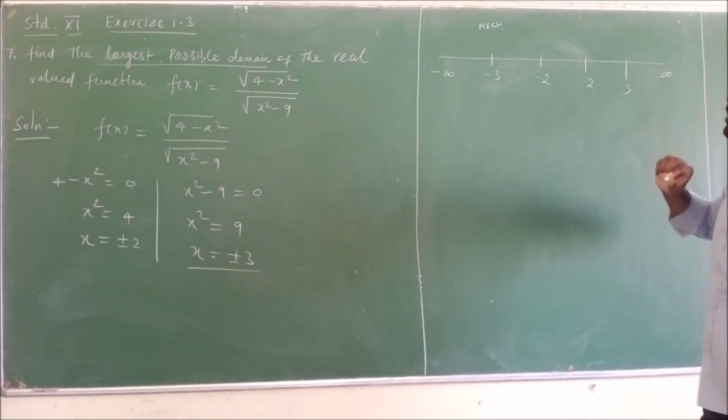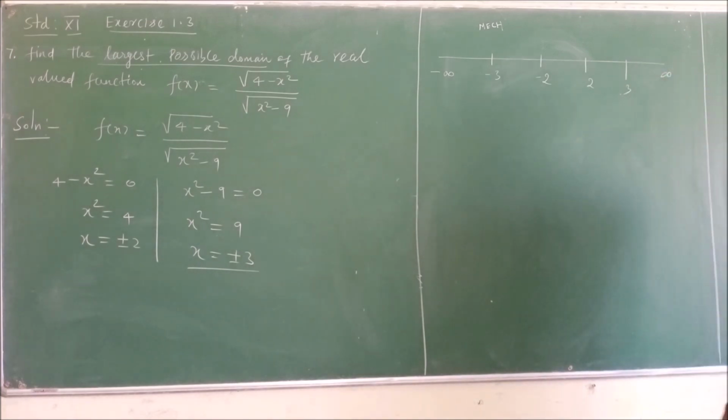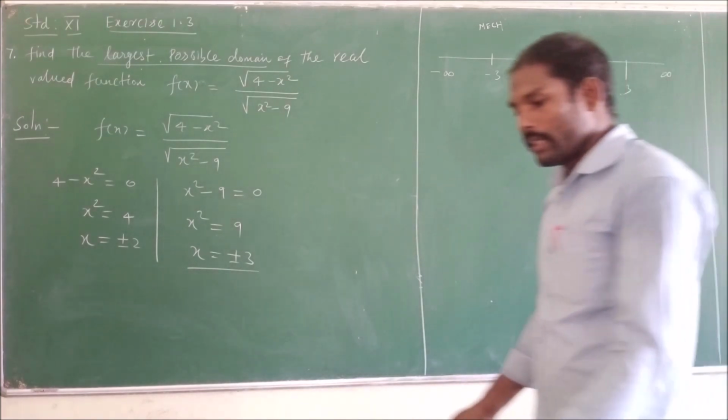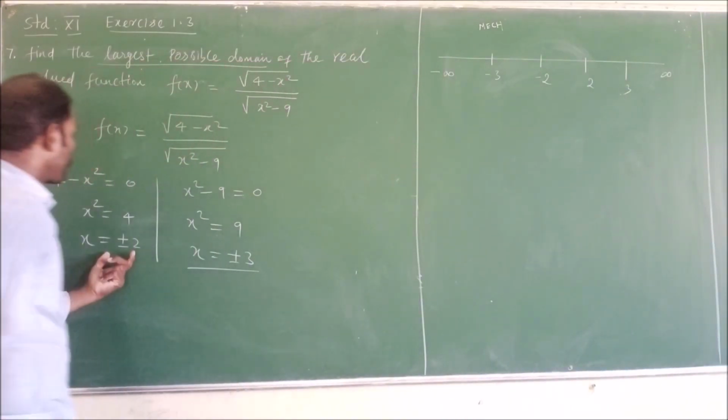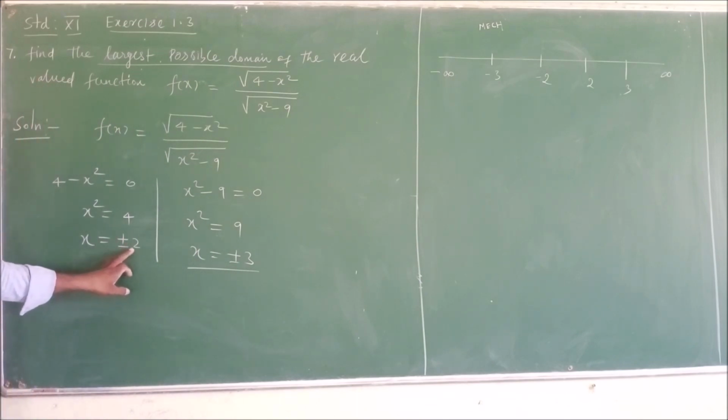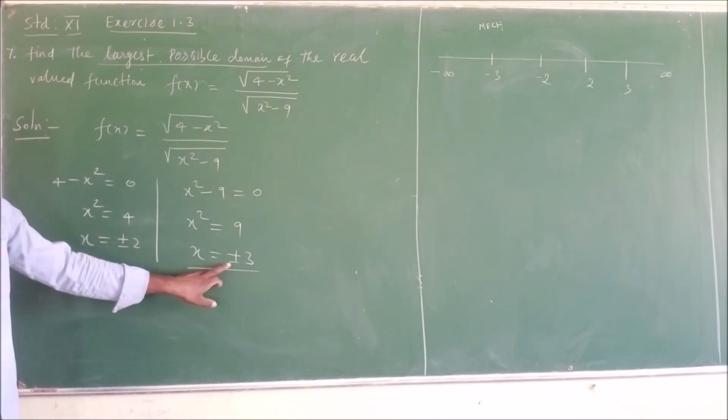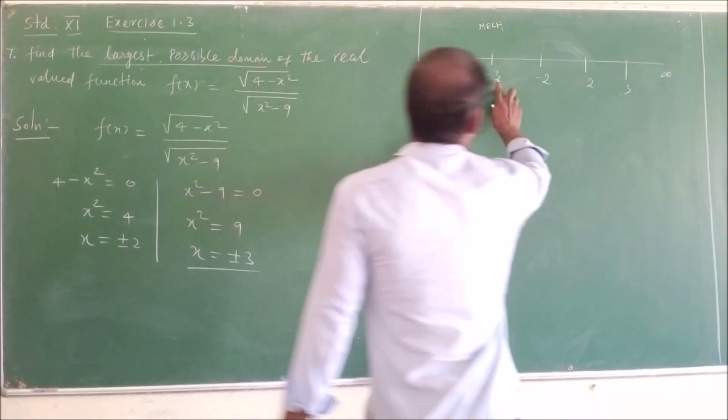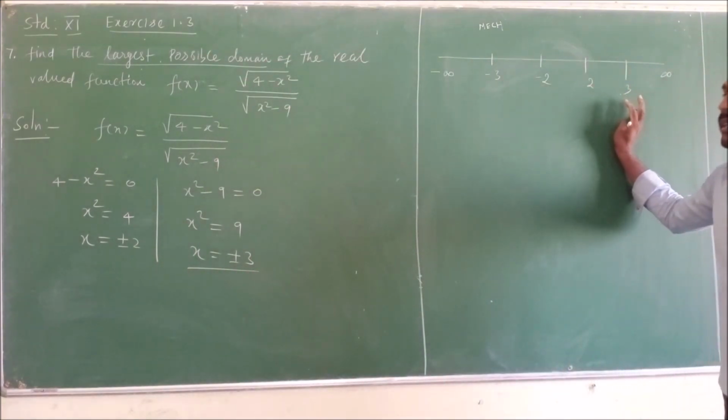Draw the number line with these four points. Clear that? Plus or minus 2 and plus or minus 3.